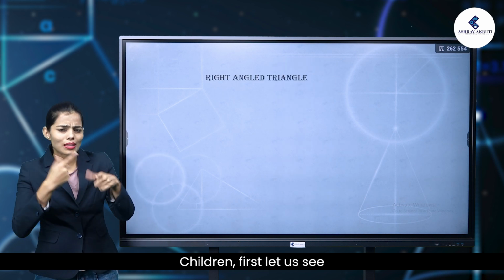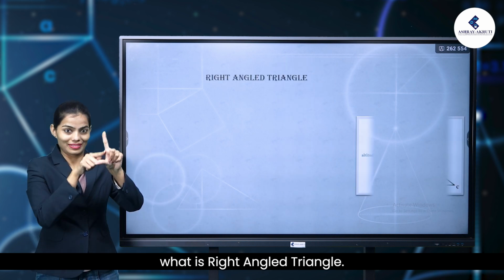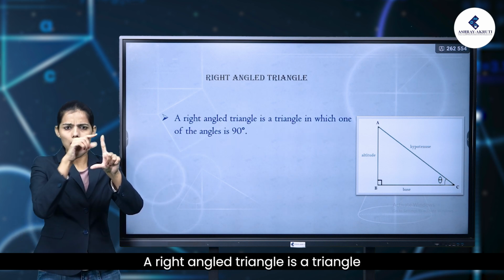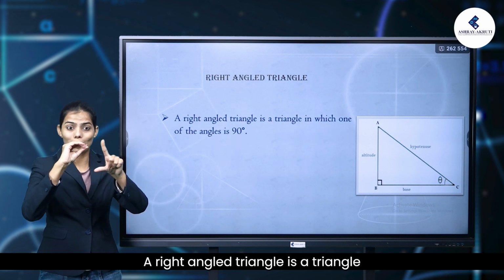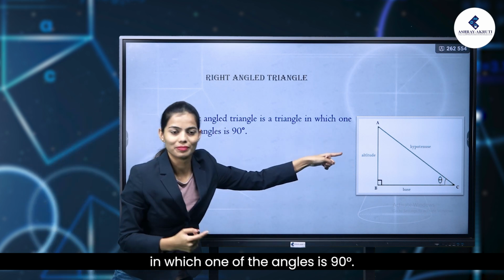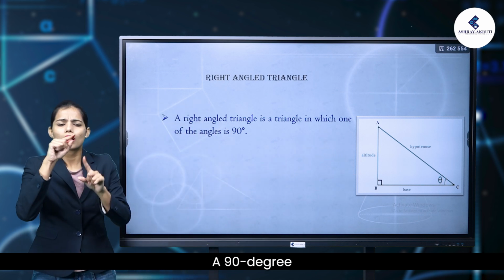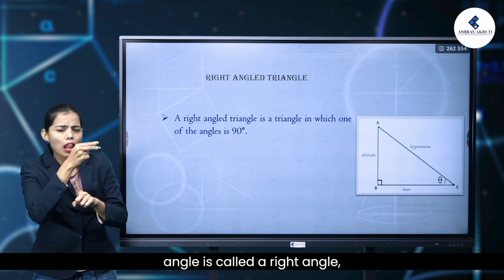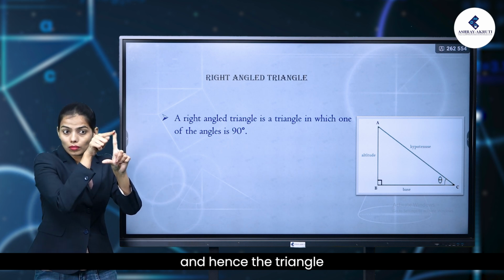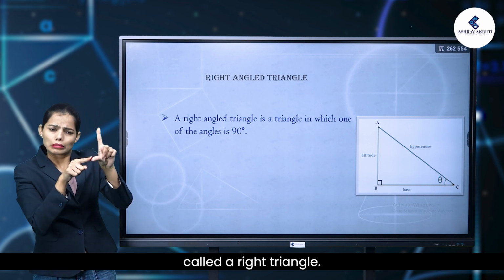Children, first let us see what is a right angle triangle. A right angle triangle is a triangle in which one of the angles is 90 degree. A 90-degree angle is called a right angle, and hence the triangle with the right angle is called a right triangle.